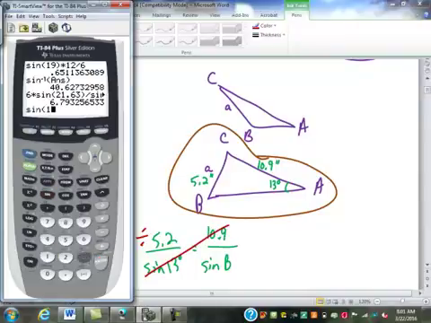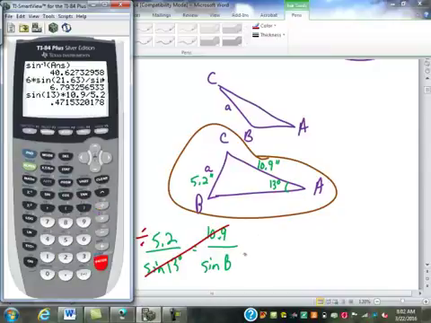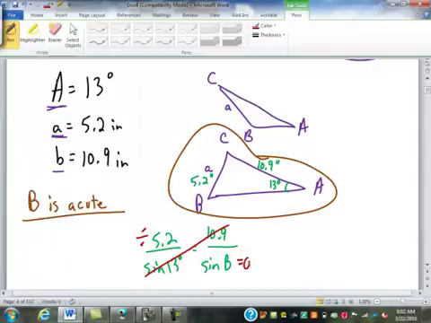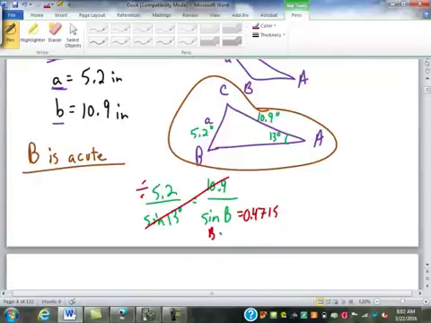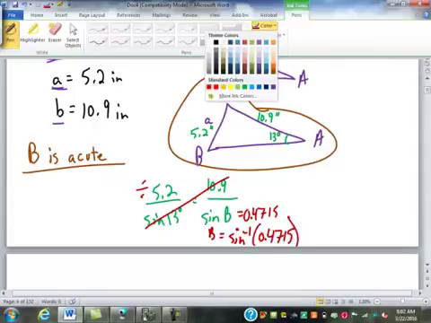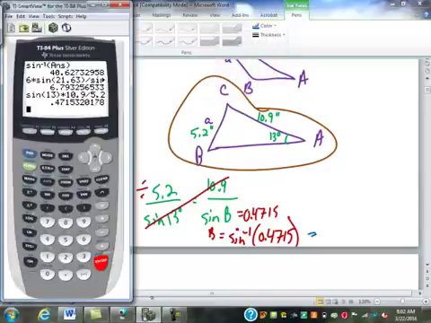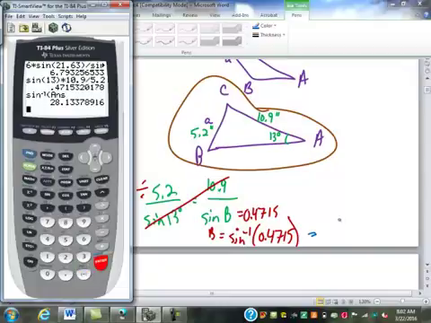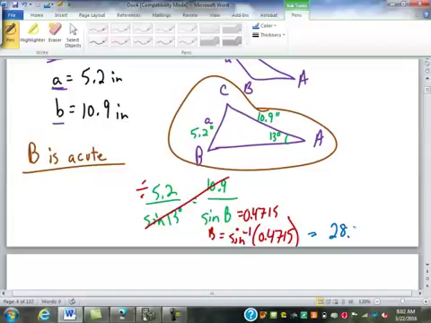Sine of 13 times 10.9 divided by 5.2 is 0.4715. So B is the inverse sine of 0.4715. Again, I'm going to keep it in my calculator, second sine, second answer, that way I don't have to round off, type it down and punch it back in. 28.13 degrees.